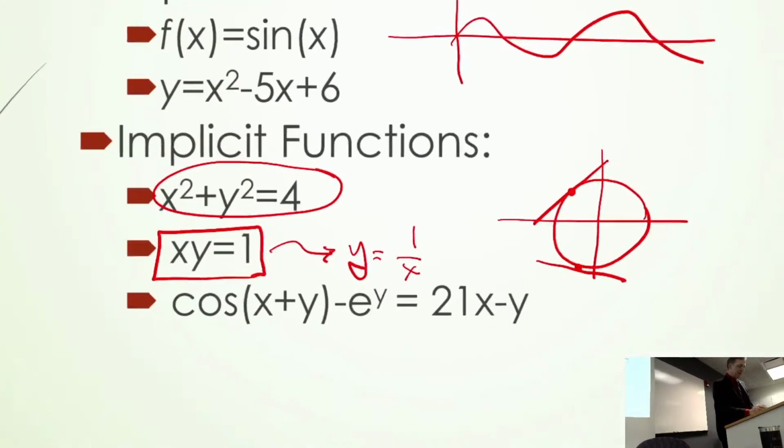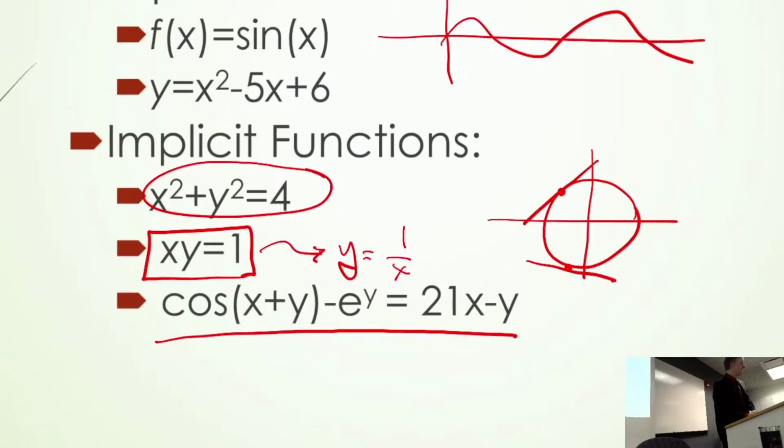And then this last one, I have no idea what kind of curve or graph that looks like. But we could think of that as having maybe a bunch of functions implicitly defined there. By the way, the circle actually has 2 functions embedded in it.